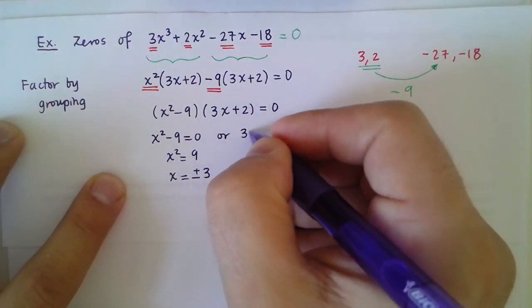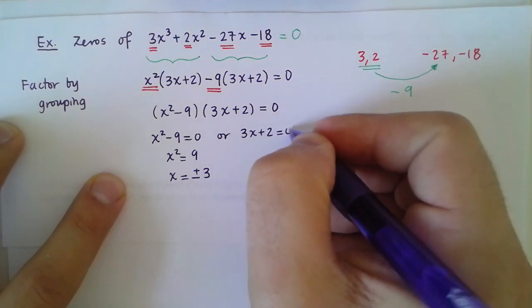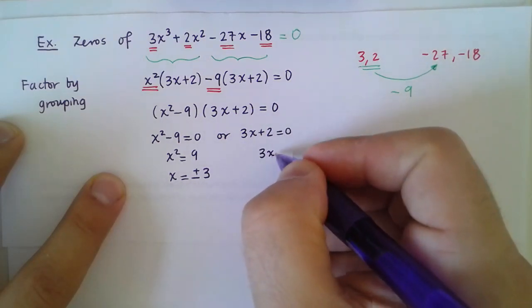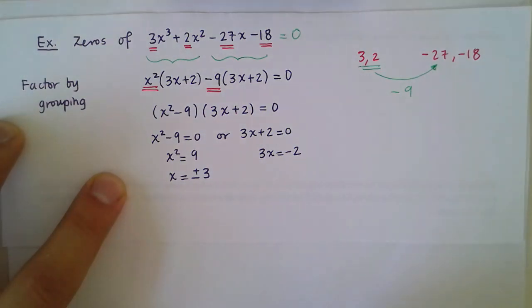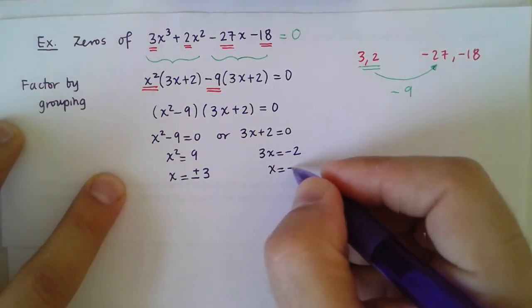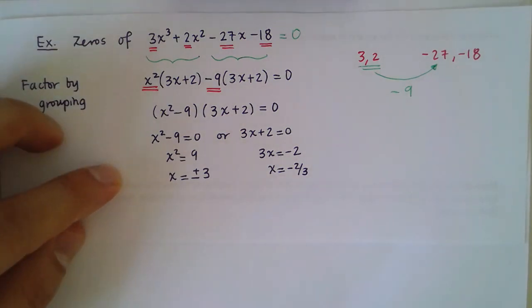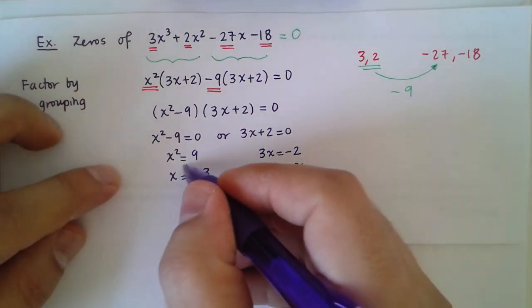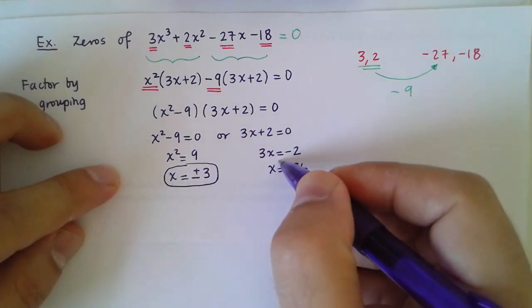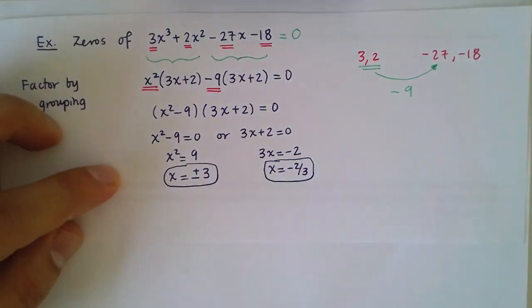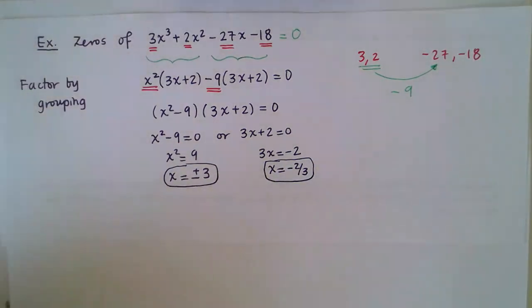Or you have 3x plus 2 equals 0. So 3x will be negative 2, and then x will be negative 2/3. So we find the zeros. They are plus or minus 3, that's 3 and negative 3, and negative 2/3.